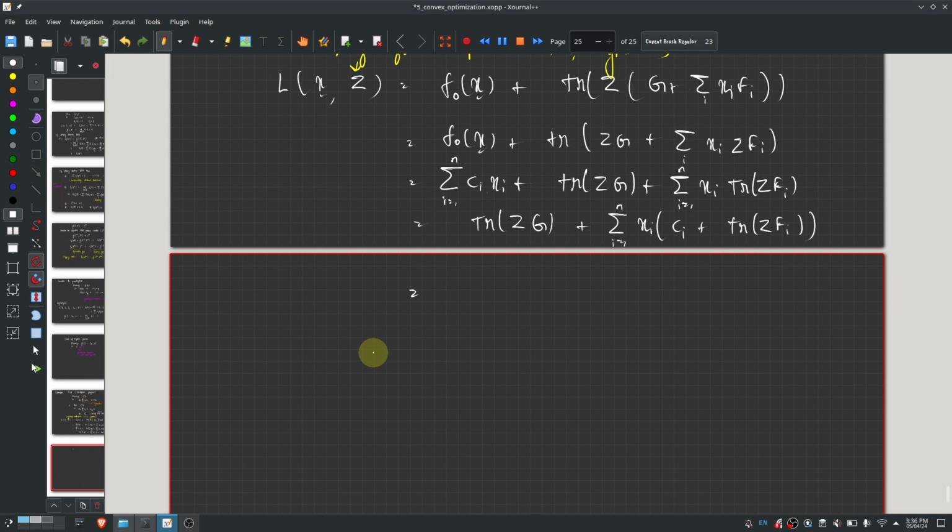So this is my Lagrangian. What is g of z going to be equal to? It is the infimum over all possible x in Rn of L of x comma z. What will that be equal to?